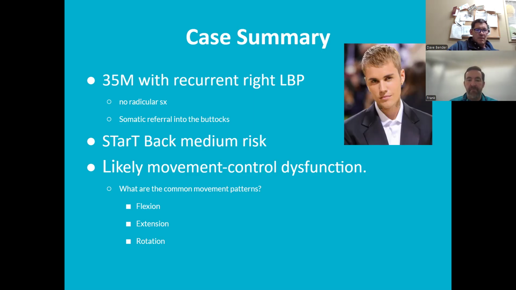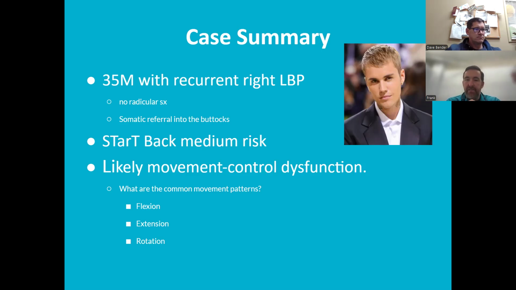All right, let's delve down in Hodges' funnel here and find a likely movement control dysfunction. Is there some feed-forward mechanism that is not working well, which is causing this recurrent low back pain? There's something mechanical going on.